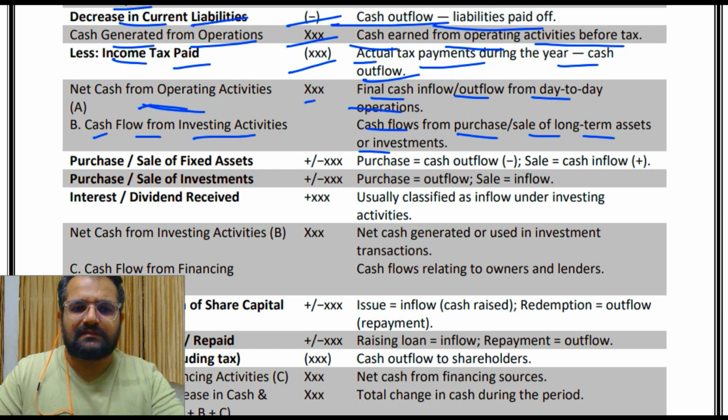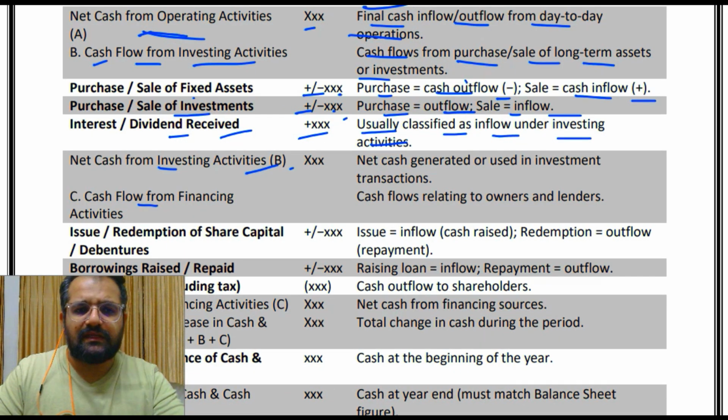Then purchase and sale of fixed assets, plus minus some amount: purchase is cash outflow, minus; sale is cash inflow, plus. Purchase and sale of investment, plus minus some amount: purchase is outflow, sale is inflow. Then interest or dividend received, plus some amount, usually classified as inflow under investing activities. Net cash from investing activities, B.